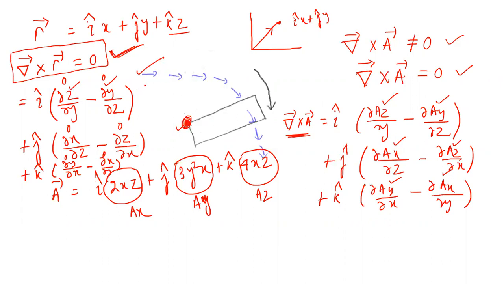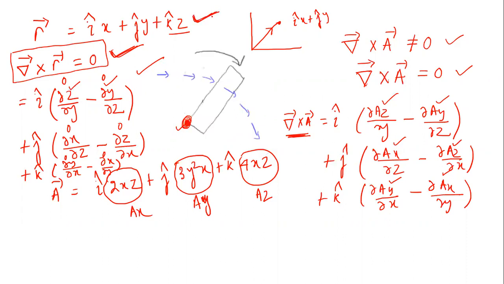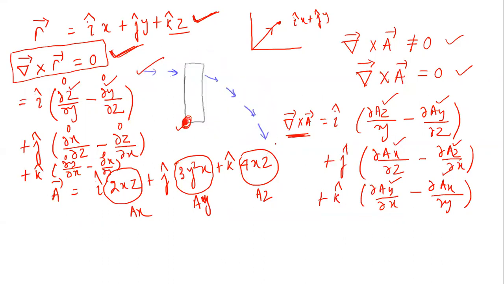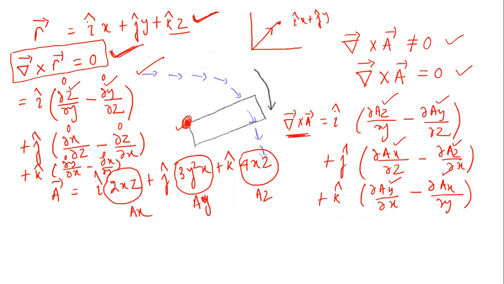Now who will decide whether the vector field will have a rotational effect or not? The function itself, the vector function itself. You operate del with a cross product on that function, and then you can determine the rotational effect of that vector field at any point.